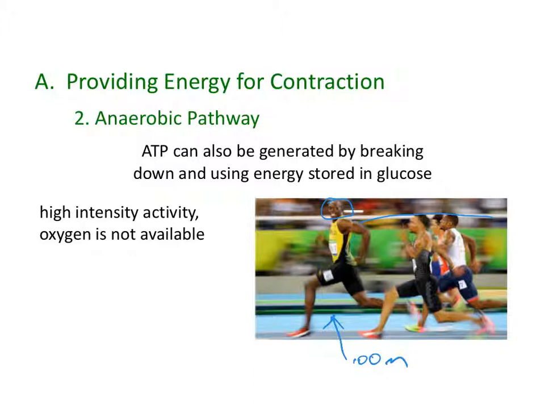What blocks muscles from getting oxygen during intense exercise is that the bulging muscles compress blood vessels. So oxygen delivery can't occur, and glycolysis is the only source of ATP.